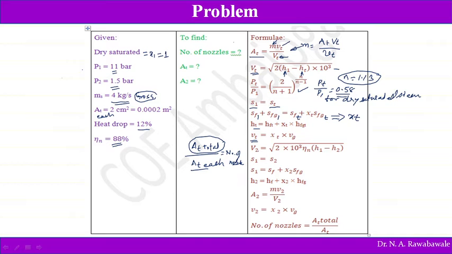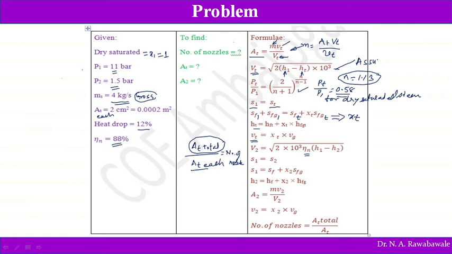Then the velocity at exit is required. To find the velocity at exit, we can use this equation. Nozzle efficiency is given. So in the first case, what is the assumption?